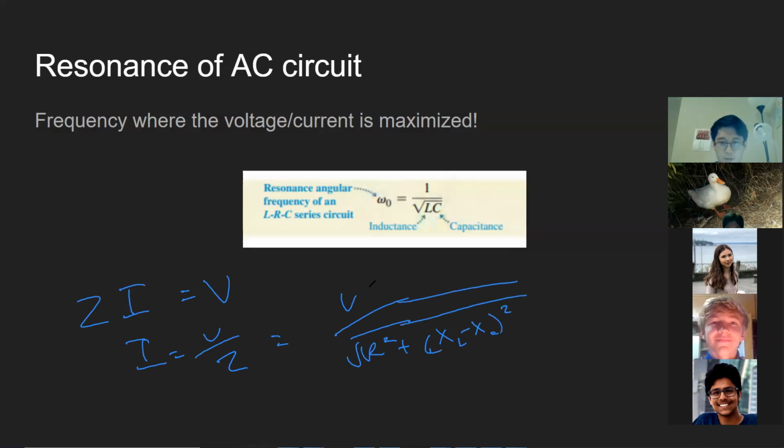That's the definition of impedance. When XL is equal to XC, this term becomes 0. That's the smallest this denominator is going to get, which means the current is going to be the biggest. That's when resonance happens, because resonance is defined as maximizing current. Technically it's current, because voltage is a constant: you apply the constant alternating voltage.